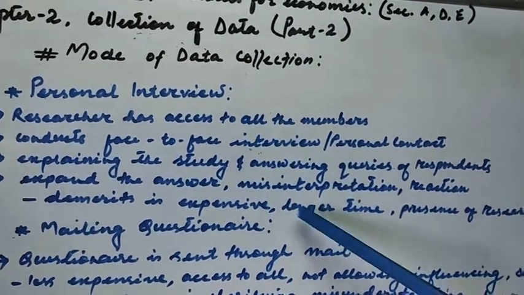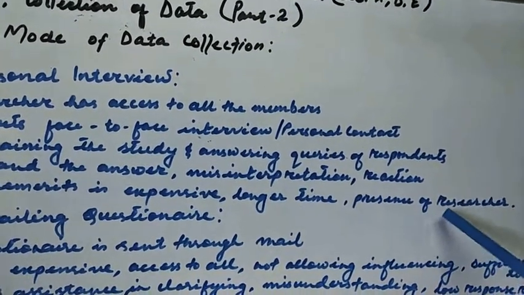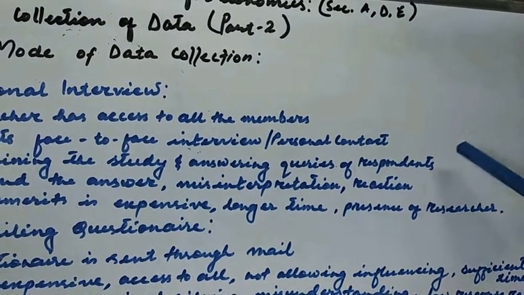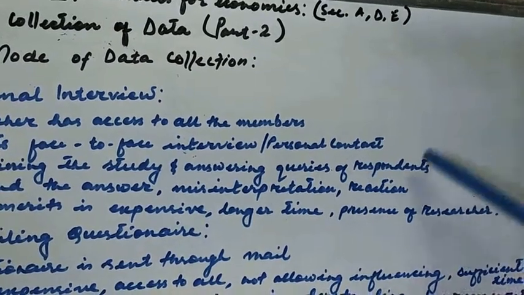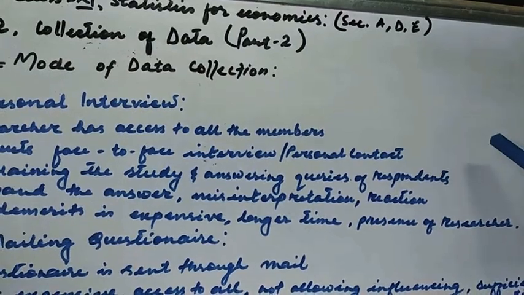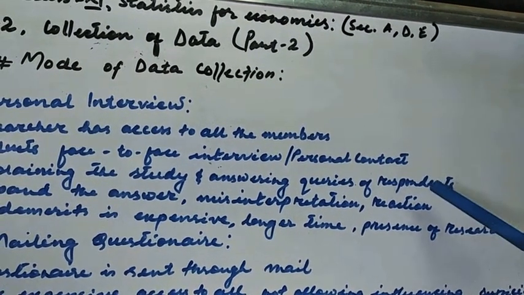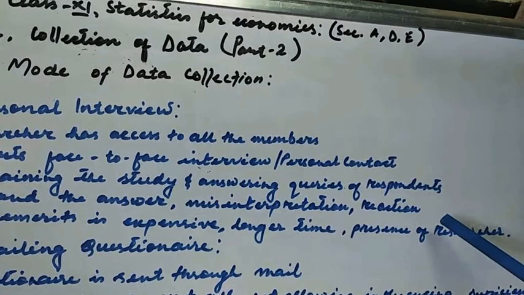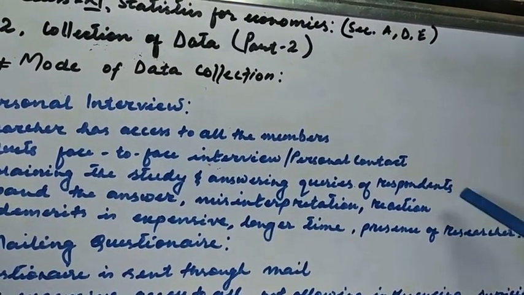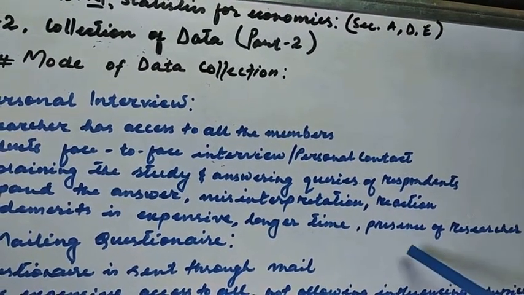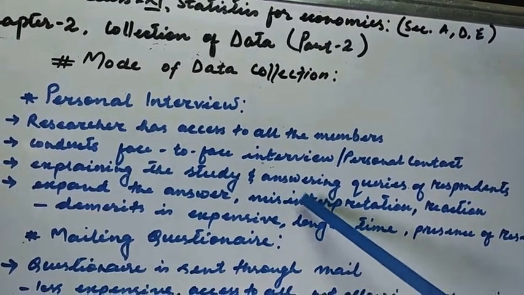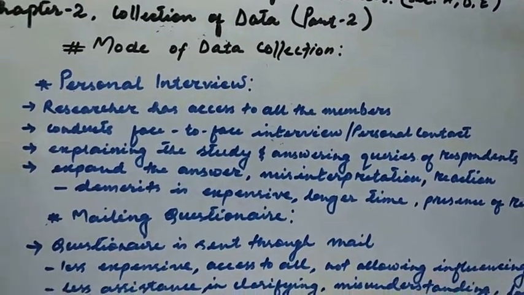The presence of the researcher may also influence the answers given by the respondent, who may not answer what he actually wants. These are the basic demerits and advantages of personal interview.